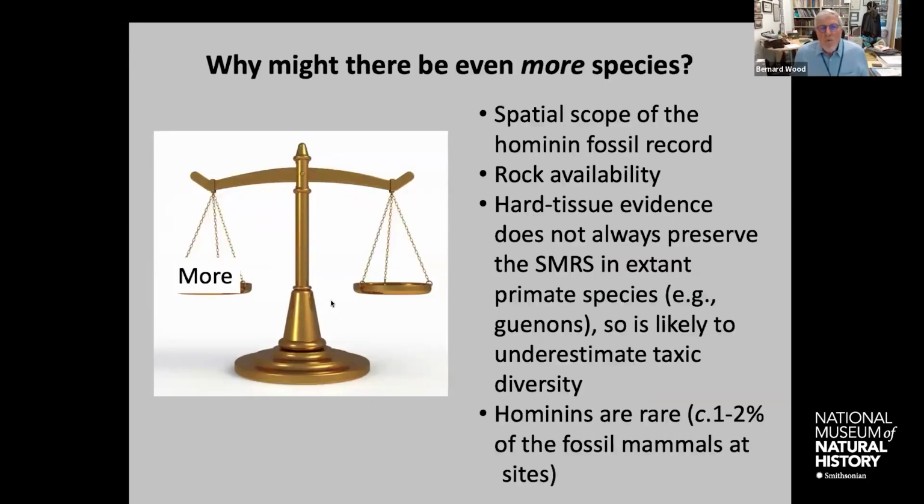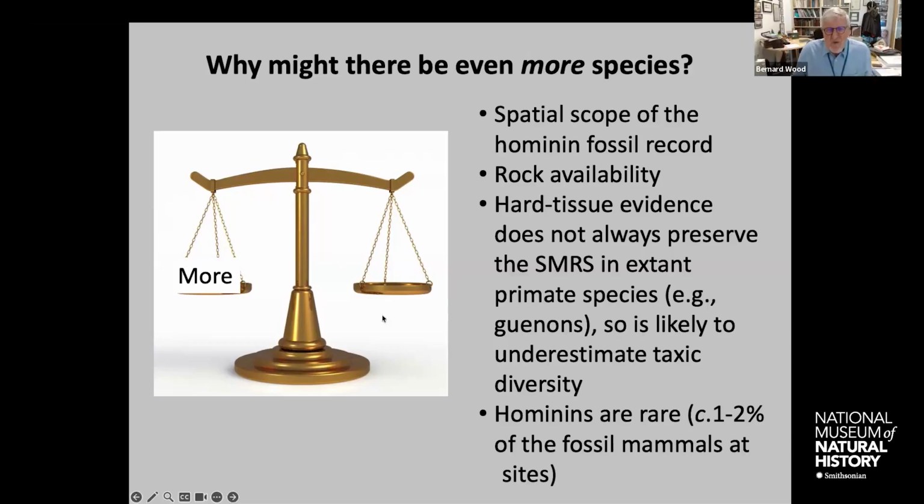So why might there be even more species than are in that sort of speciose interpretation of the hominin fossil record? Next slide. Text. Why might there be even more species? Spatial scope of the hominin fossil record. Rock availability.